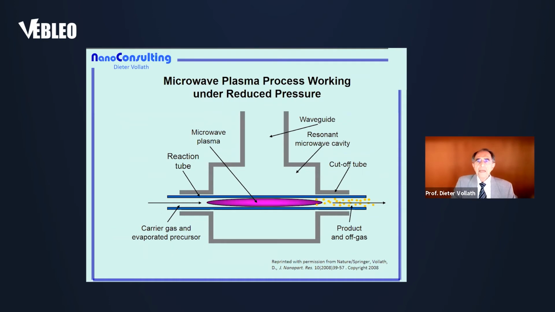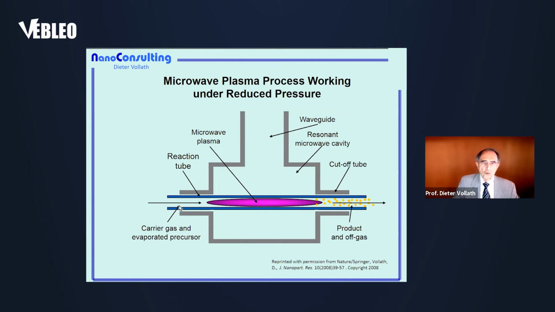Now, let us see how the equipment is set up. We have a generator for the microwaves connected with a waveguide to a resonant microwave cavity.